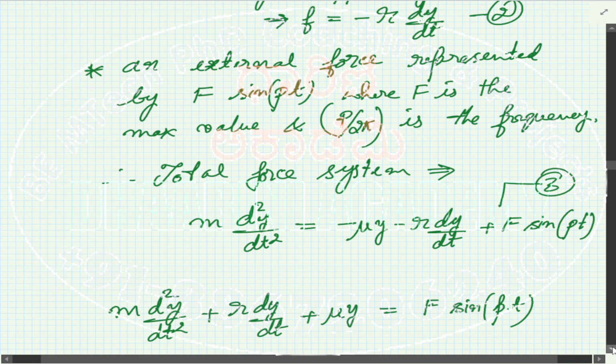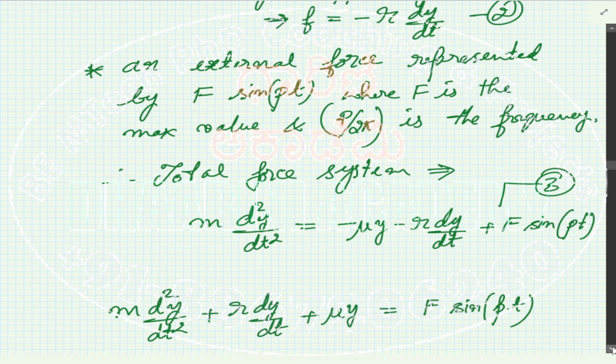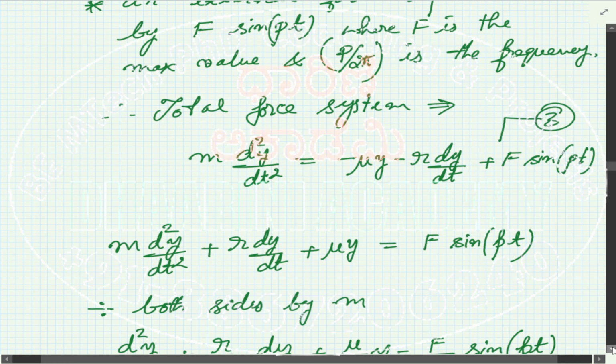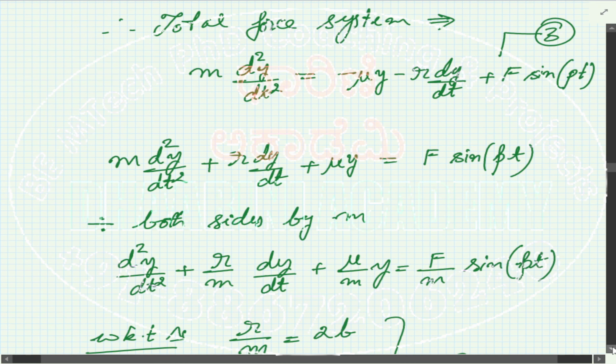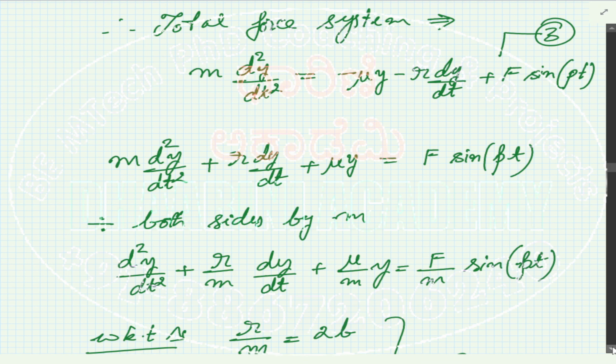Then there is an external force represented by F sine pt, with a frequency of p by 2π. So the total force gives m d²y by dt² equals minus mu y minus r dy by dt plus F sine pt.